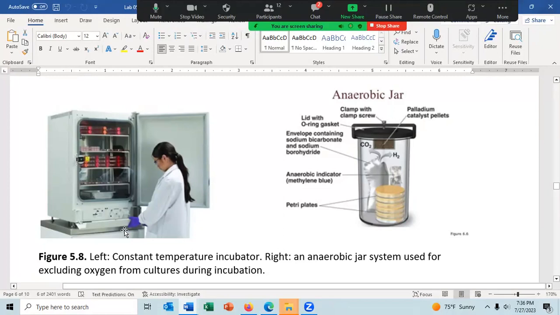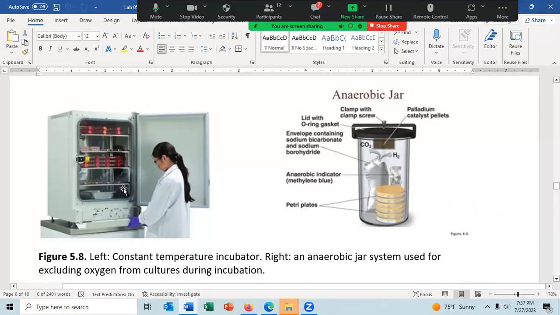Fancy incubators like this one here can supply an oxygen concentration and a CO2 concentration. Anaerobes, for example, have to grow without oxygen. So you grow them in an environment where the oxygen is totally removed from the incubator, or in an anaerobic jar where the oxygen is totally removed.